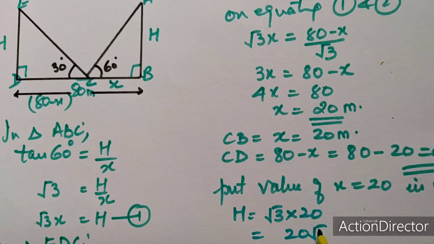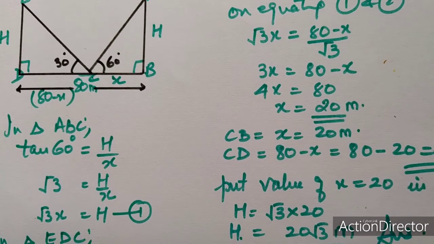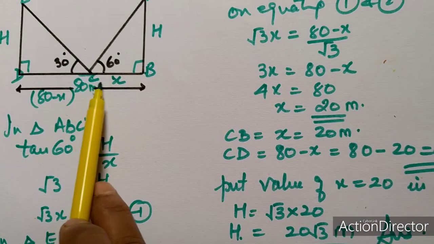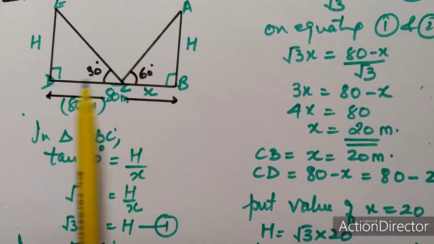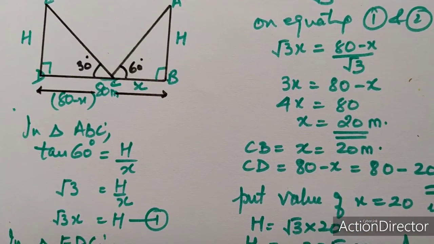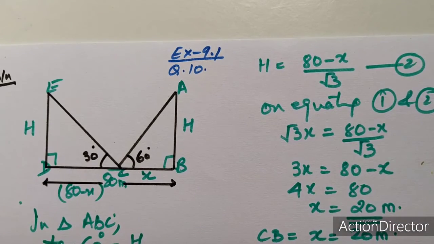That is 20 root 3 meter will be the height of the pole. So this is your answer, in which you are finding the height of the pole as well as the distance of point C from the two poles, from the pole B as well as D. So this is the solution of question number 10 of exercise 9.1.